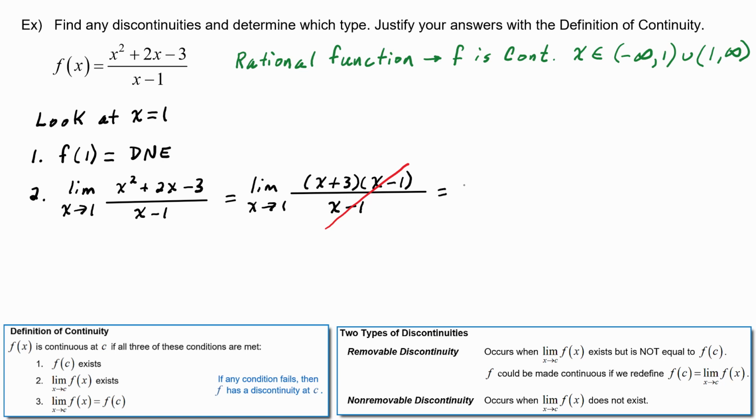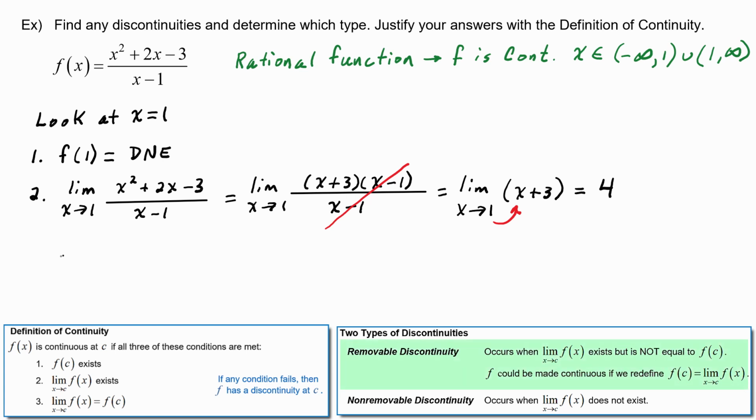And this becomes the limit as x approaches 1 of x plus 3. And now we can do direct substitution, and this limit is equal to 4. So the limit does exist, but of course does not equal the function value, which is a DNE.